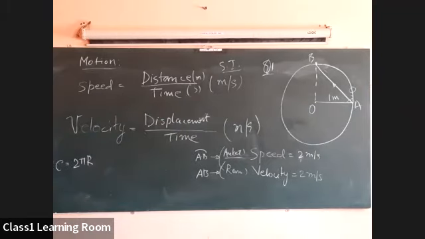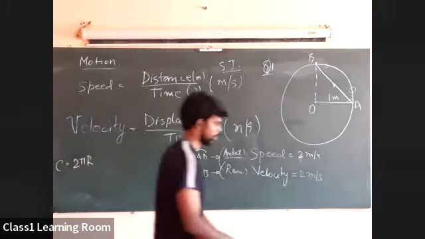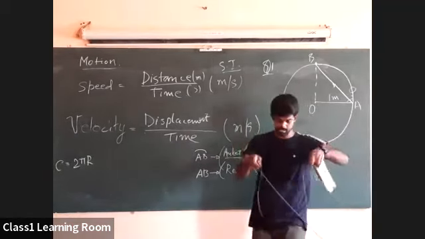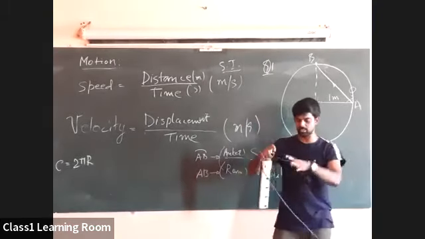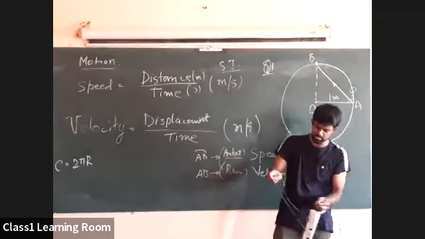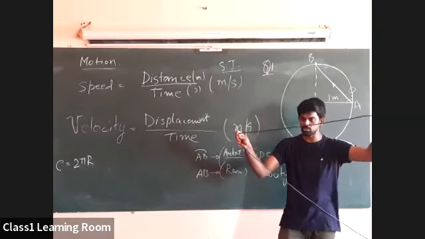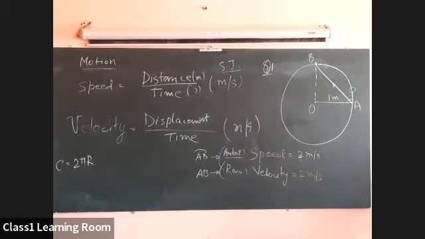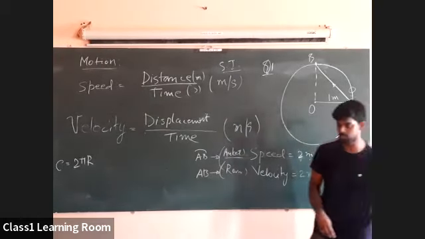So, do we have some wire or something? Now see this. If you make it a circle, so this length of wire, that is your circumference. You guys know this thing, right?